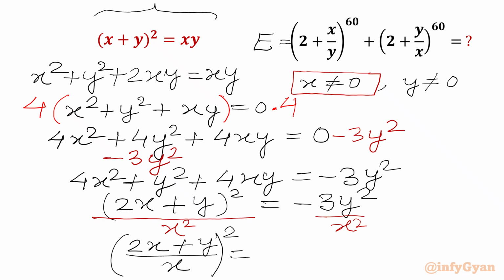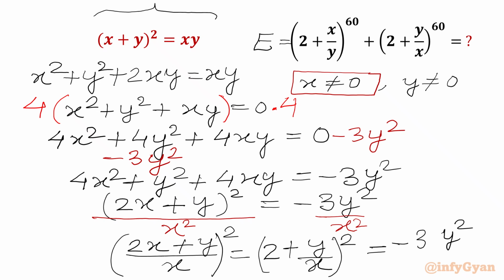This will be equal to 2x over x, so 2, y over x, so (2 + y/x)^2 will be our LHS, and RHS is minus 3 times y^2 over x^2, which we will write directly with power 2.